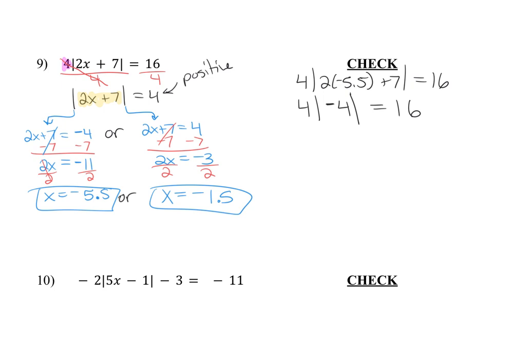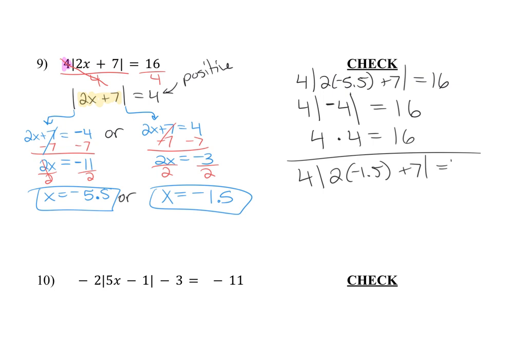Okay, let's shut that for now. What's the absolute value of -4? +4. Good. Equals 16. Just close it. Okay. Does it work? 4 times 4, is that 16? Yes. Good. What about the next one? 4 times the absolute value of 2 times -1.5 plus 7 equals 16.